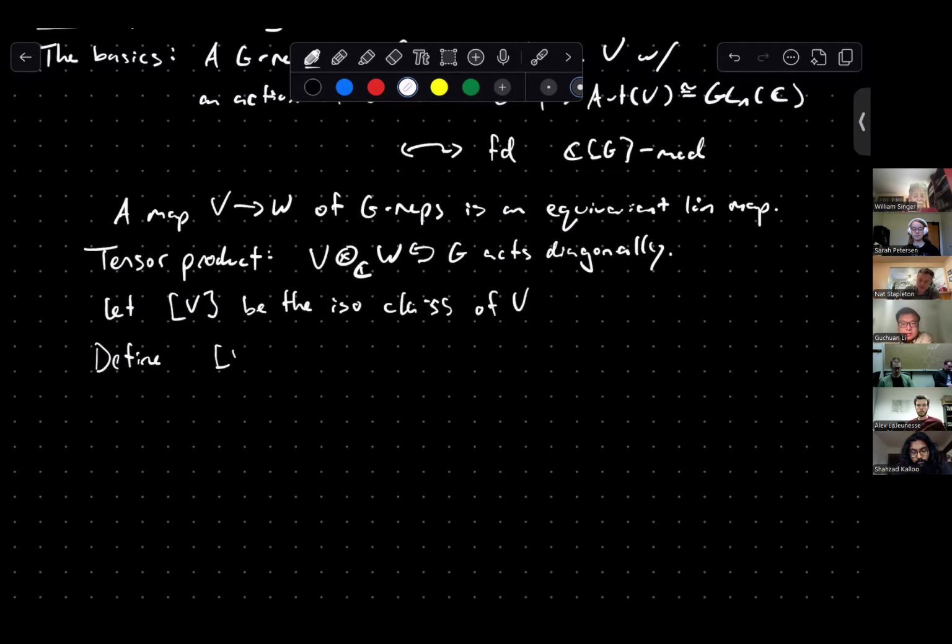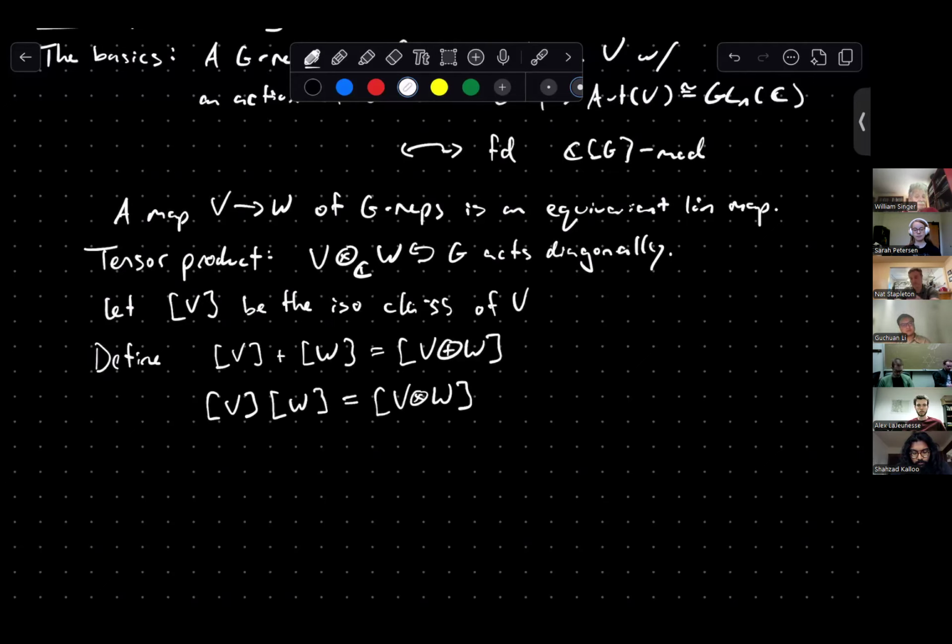So we can define a sum of isomorphism classes of G representations. This is the isomorphism class of the direct sum of the G representations, and we can define a product of G representations. The product is the isomorphism class of the tensor product.